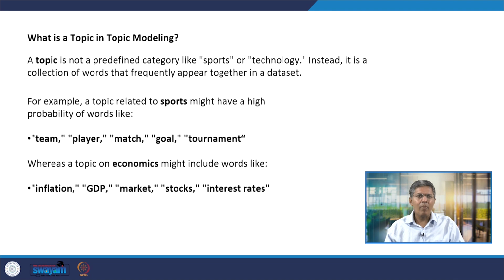So, for example, a topic related to sports might have a high probability of words like team, player, match, goal, tournament, whereas a topic on economics might have inflation, GDP, market, stocks, interest rate. So, it talks about a number of different words, right, not a single word to define, for example, economics or sports, no, we are talking about a number of important words.